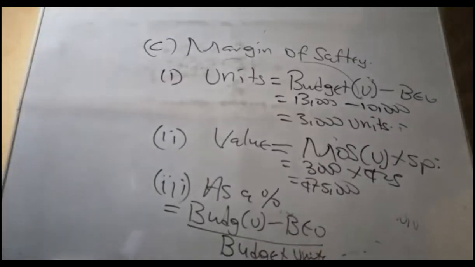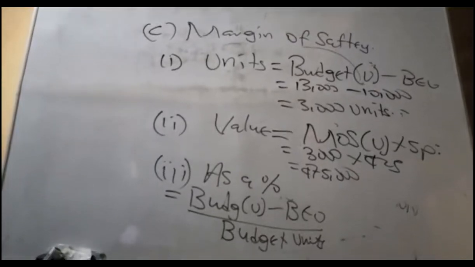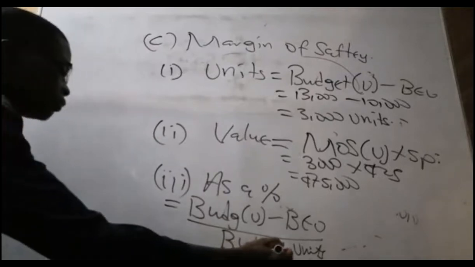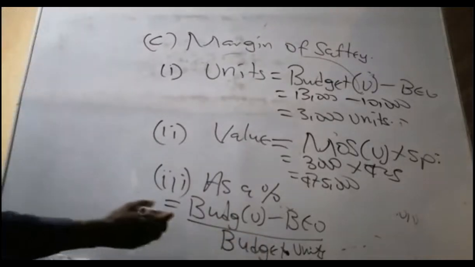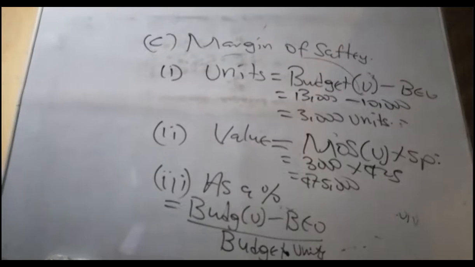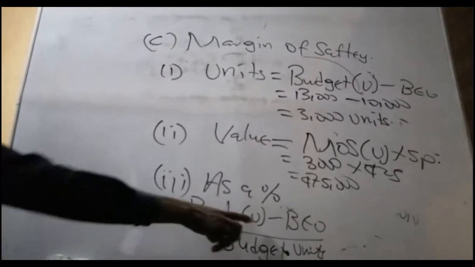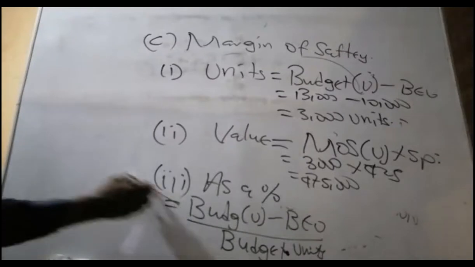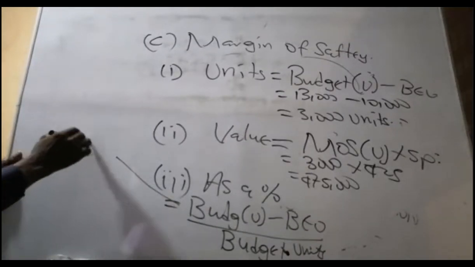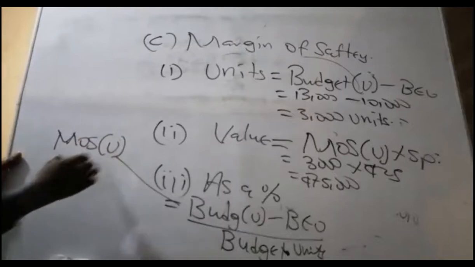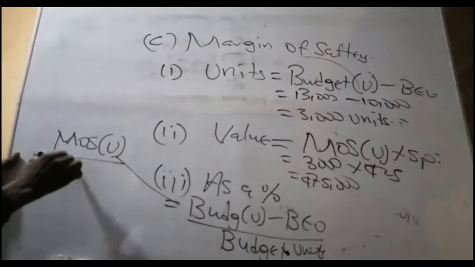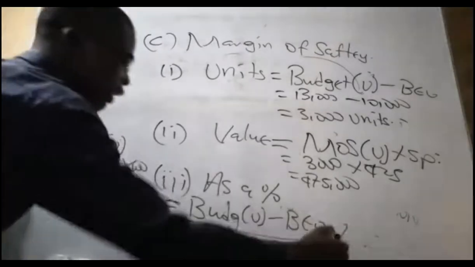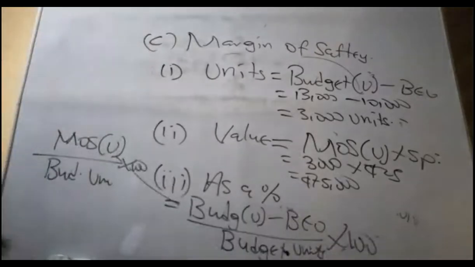Since budgeted unit minus break-even unit gives us the margin of safety in units, I can rewrite it as margin of safety in units, all divided by the budgeted unit, times 100. In fact, the final answer we multiply by 100. That is all.